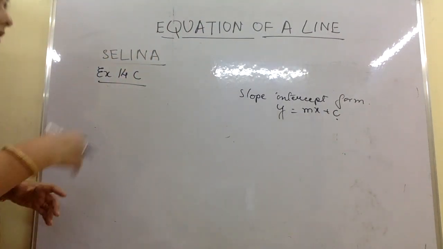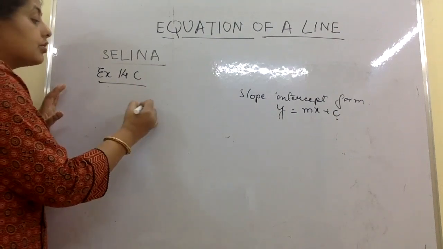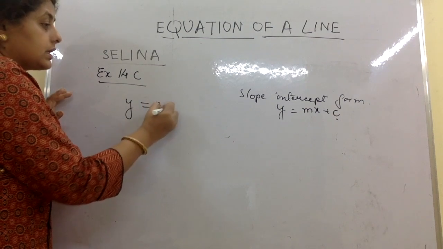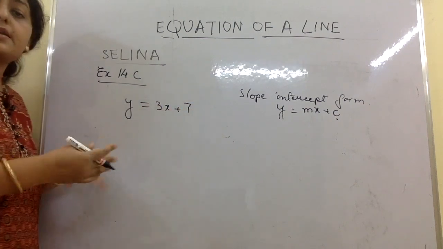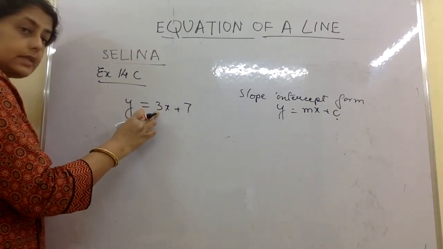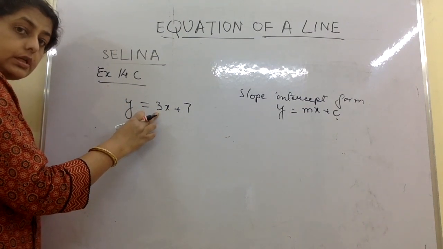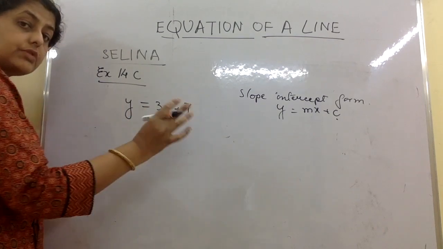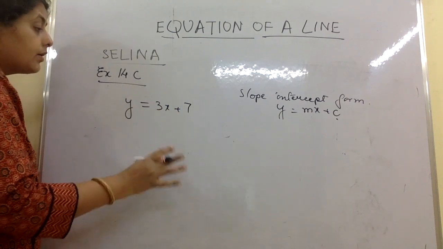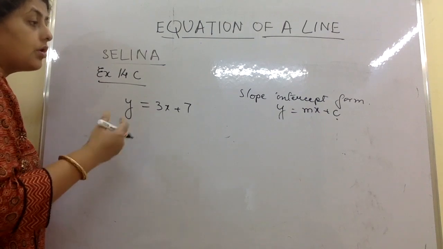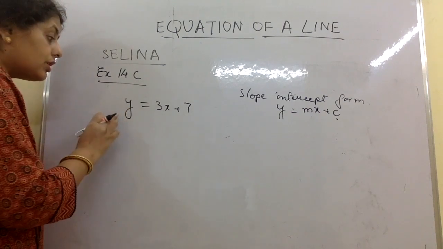When we write the equation of a line, it should look like this: y is equal to 3x plus 7. Just writing a random equation of a line. With the x there has to be a constant, and then there has to be only a constant with which there is no x, no y. So this is the format of writing the equation of a line.